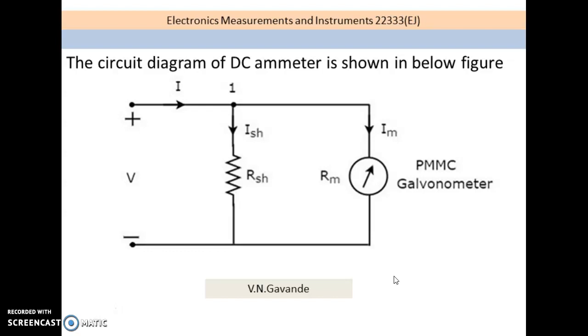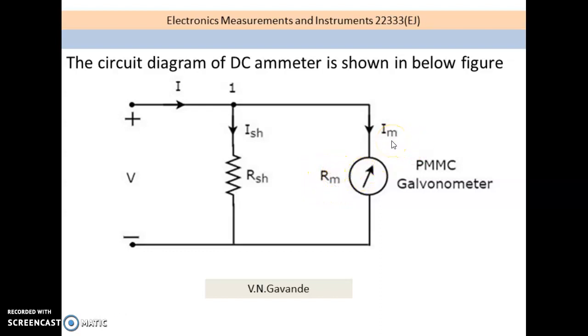Now look at this. This is the basic diagram of a DC ammeter. This is the PMMC. This is the parallel resistance or shunt resistance. Current I should be measured on this meter. So the current is split at this node into ISH and IM, where IM is the meter current and RM is the meter resistance.